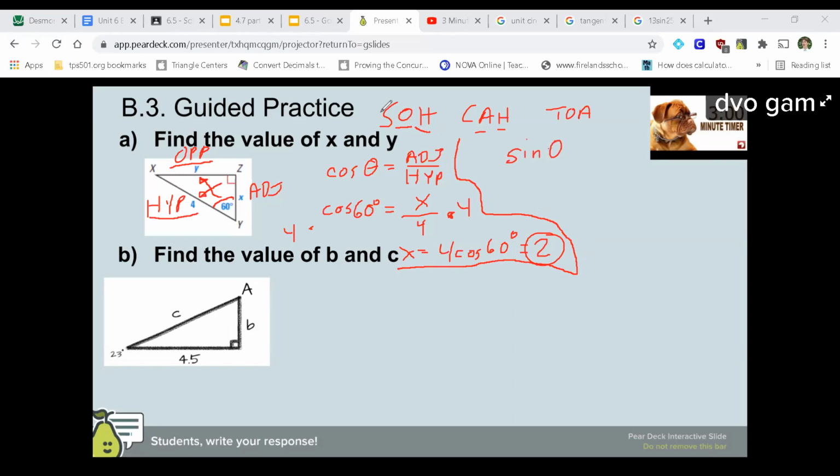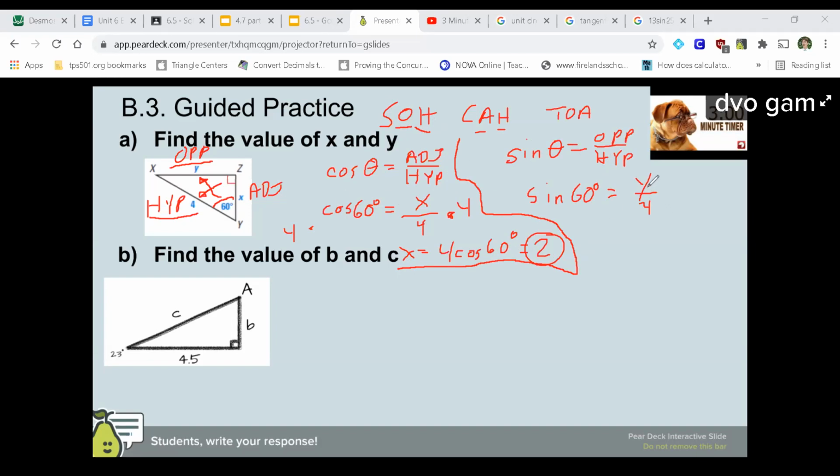Sine of any angle is opposite over hypotenuse. If we plug in our values, our angle is 60 degrees. The opposite side is y, and the hypotenuse is 4.